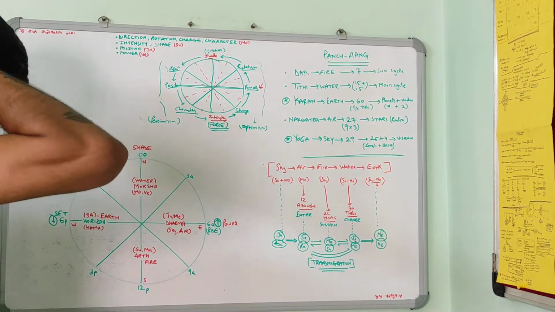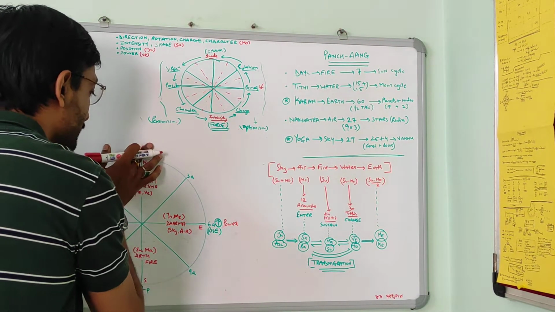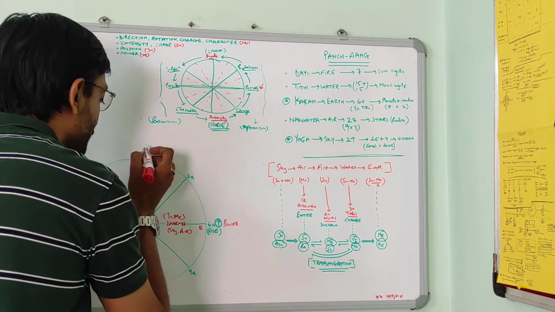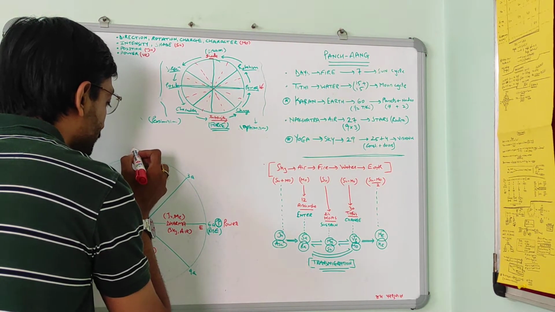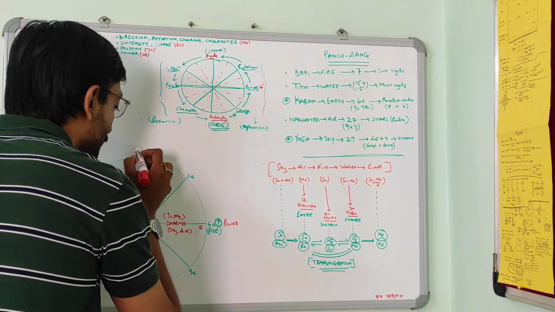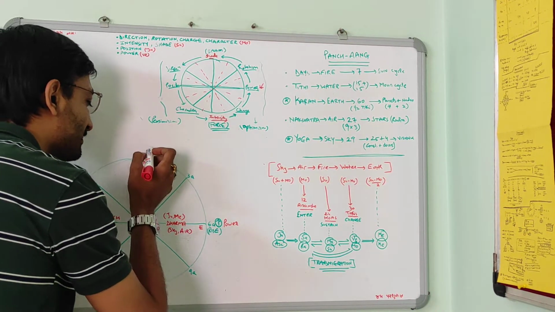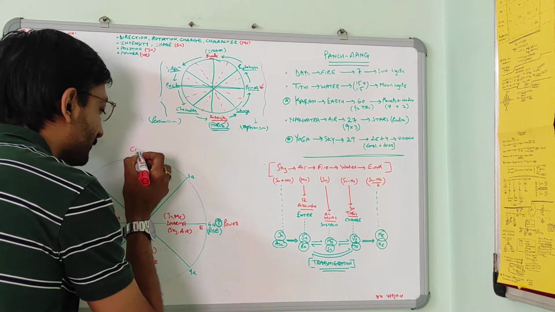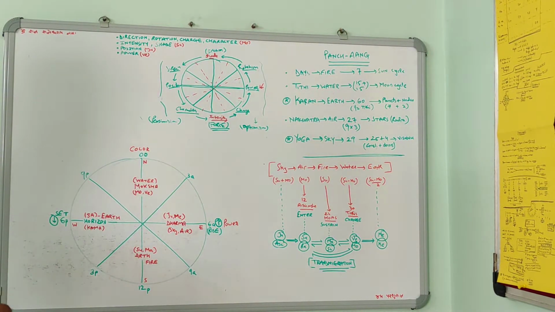And I think I have to write color, because lots of people don't understand the shade. Over here, shade is not shadow, but it is color. Okay, let's just write color. So over here is color.